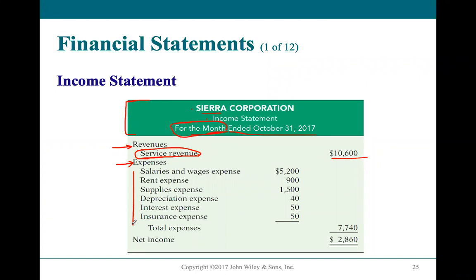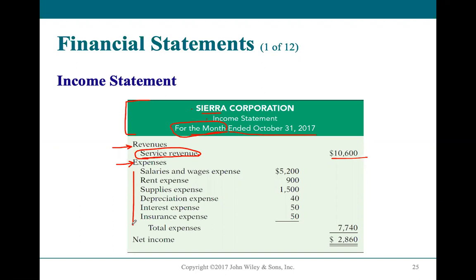There are certain costs that businesses have that they need to incur in order to provide customers with whatever they're selling. So in this case, in order for Sierra Corporation to provide the tours, that makes them a service company, right? Because that's what they sell.